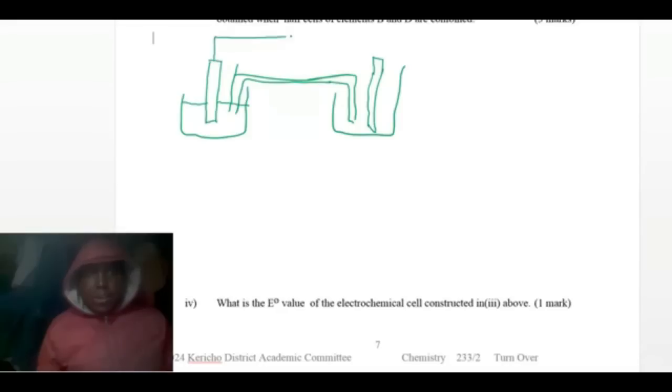Then you remember to draw the voltmeter here. Once you have drawn that, the most important thing is to tell us what is inside here and which one is B and which is D. And name this one the salt bridge.